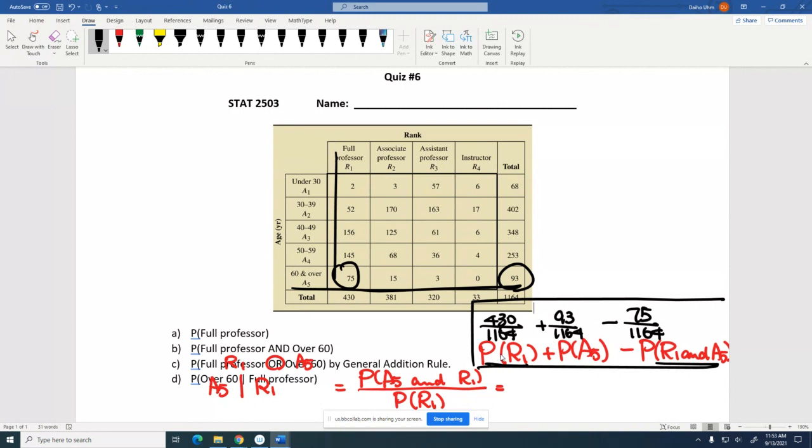The last part is the conditional probability of over 60 given the full professor. Simplifying with the conditional probability rule, we need the joint probability of A5 and R1 over the given event.